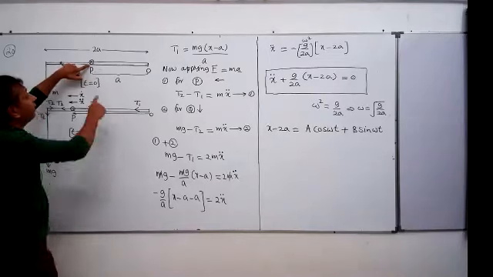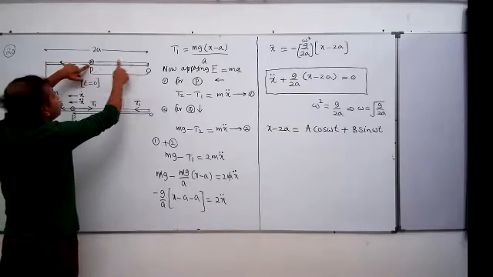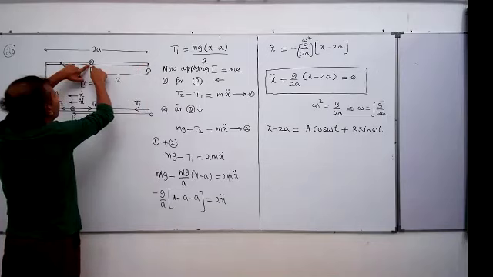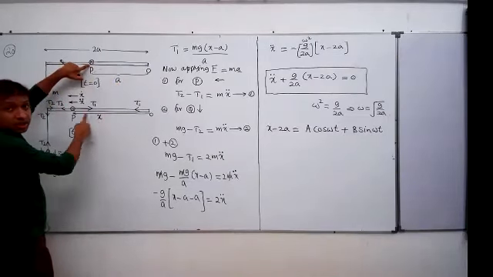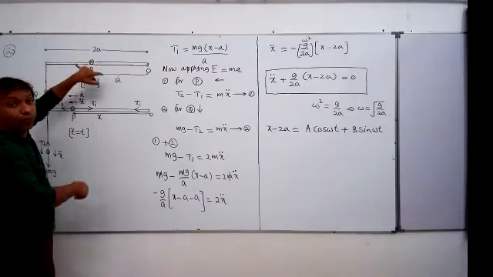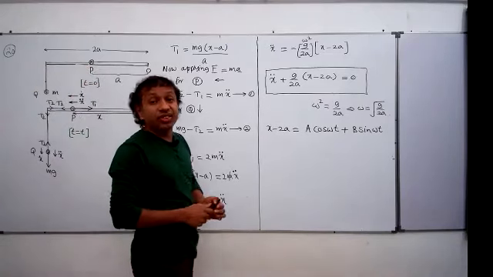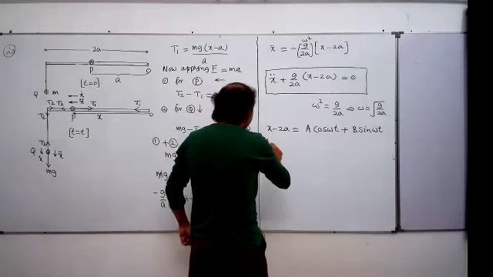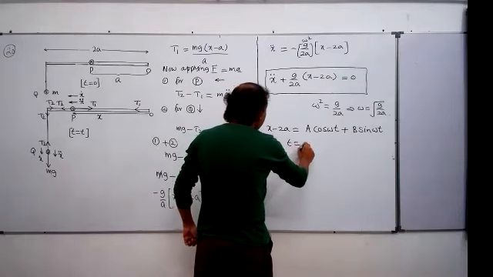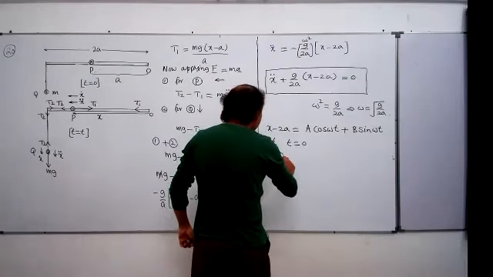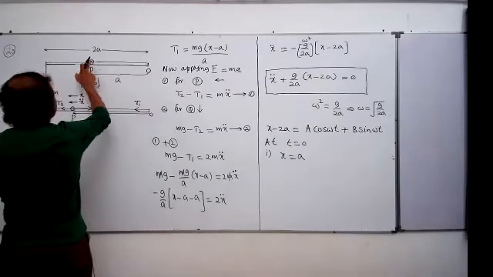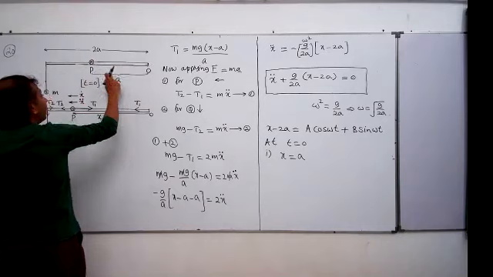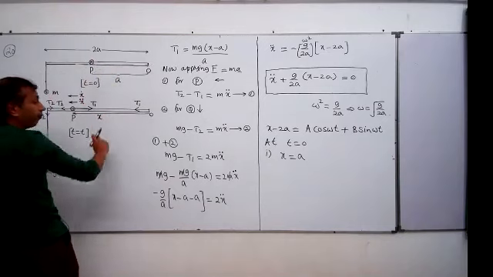At t equals 0, the distance to the particle P from O is what? A. That means x is A. x is the distance to the particle P from O. So therefore, we use the initial conditions. At t equals 0, the first thing you can write, people, is x is A.